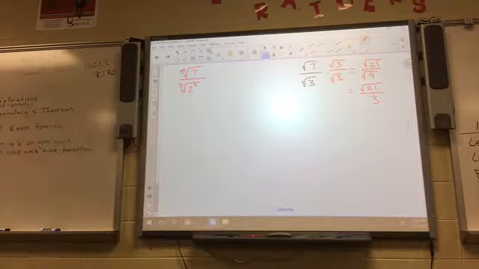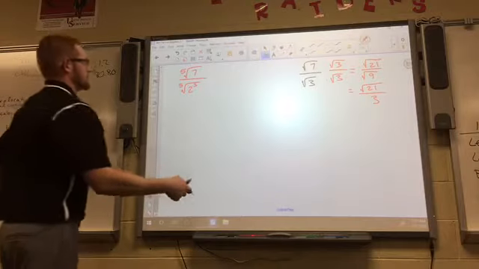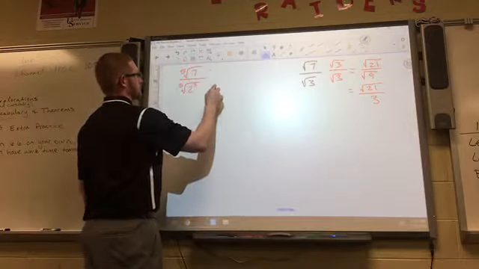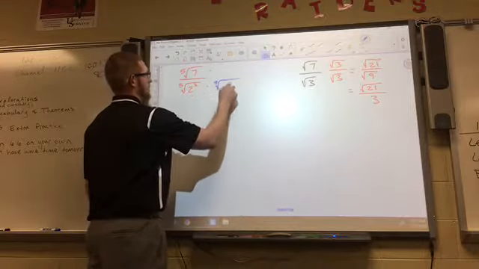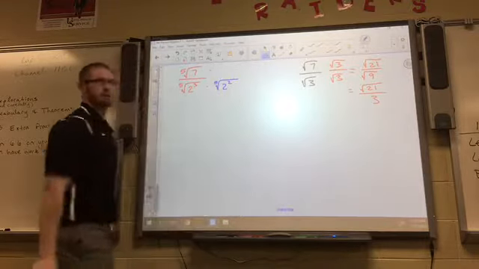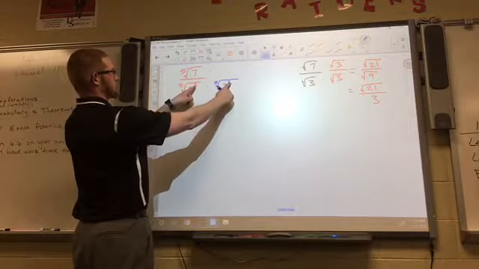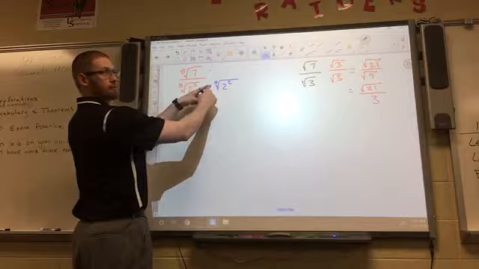How many 2's am I missing if I already have 3 of them? I'm missing 2 of them. So I need to multiply on top and bottom the fifth root of 2 squared. I need 2 of them because when I multiply these, 3 and 2 is going to make 5, right?